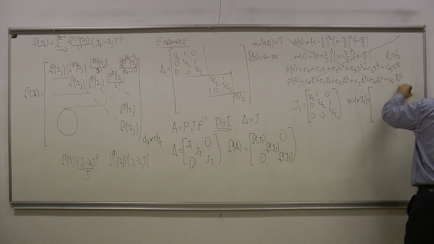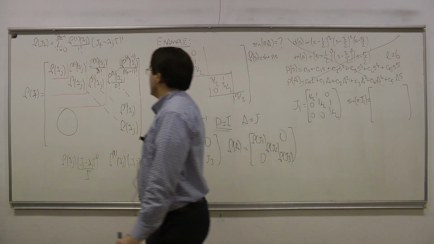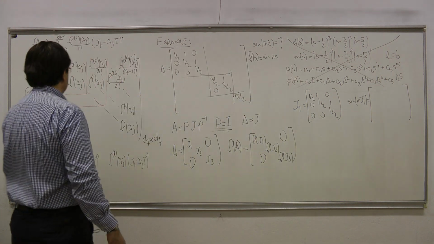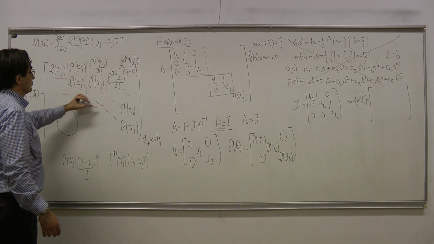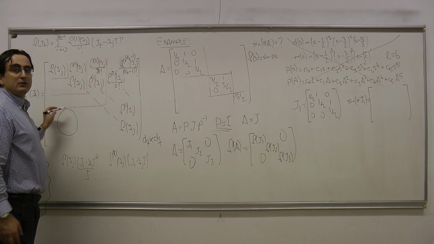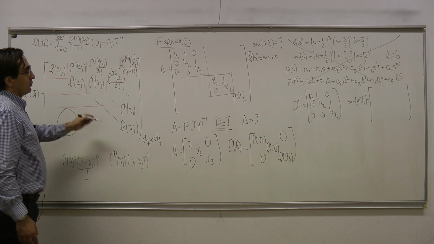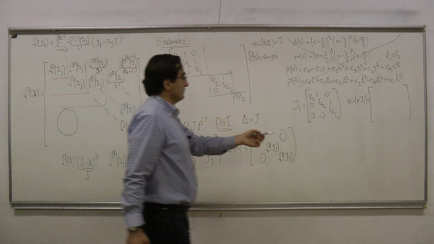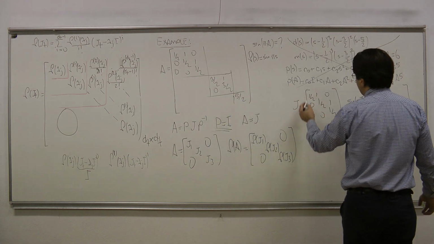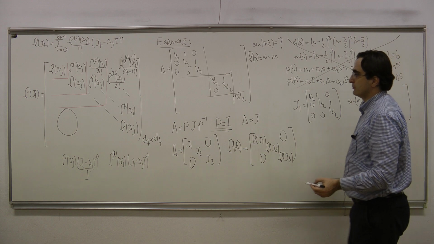In order to be able to calculate this, I'm going to use my theory. Now J1 is a 3 by 3 Jordan block, so I will use only the 3 by 3 part of this theory. So on the main diagonal, what is lambda j for J1? For J1, lambda j is 1 over 2. The eigenvalue is 1 over 2.